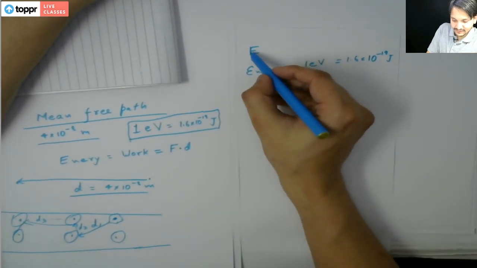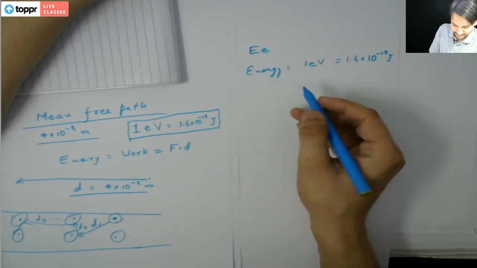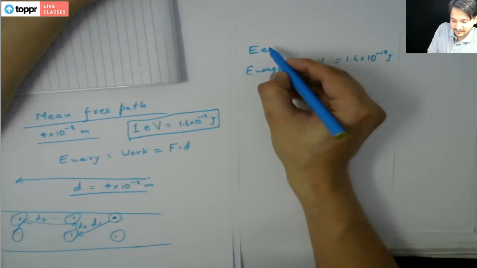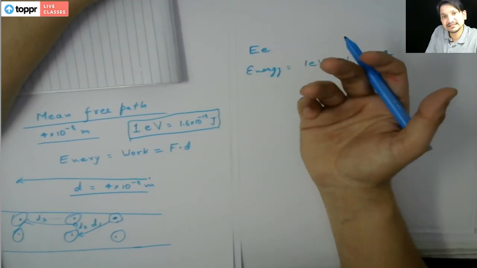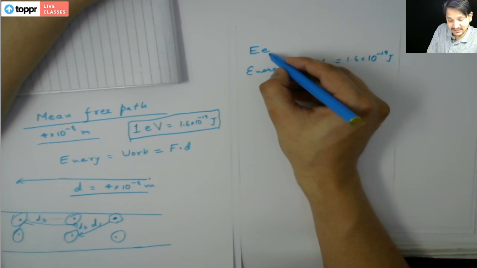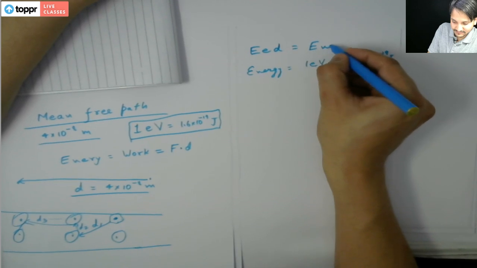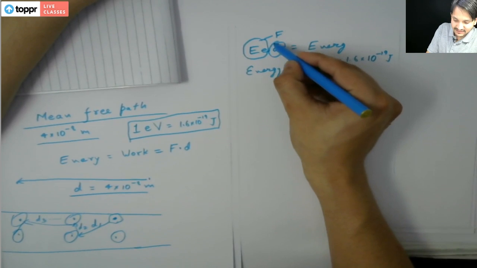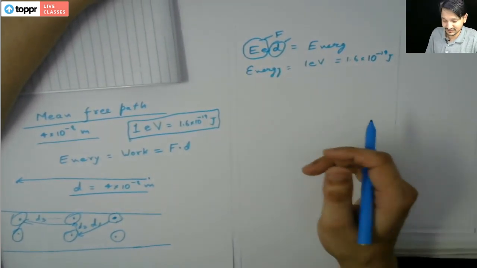We know that the force on this electron equals E times e, and the distance, meaning the energy acquired in the mean free path d, would be E times e times d. This would be the energy. Why? This is the force, this is the displacement. Energy equals work, and work equals force times displacement.